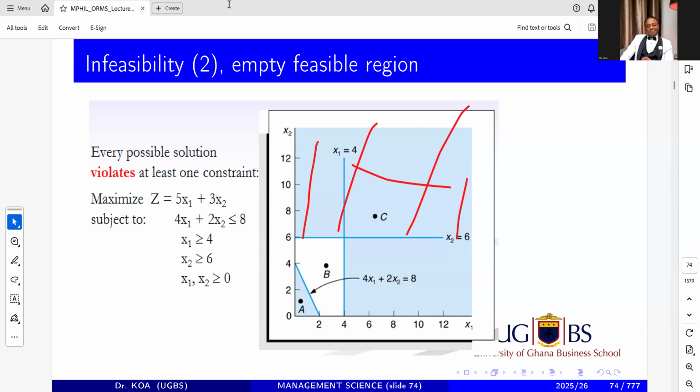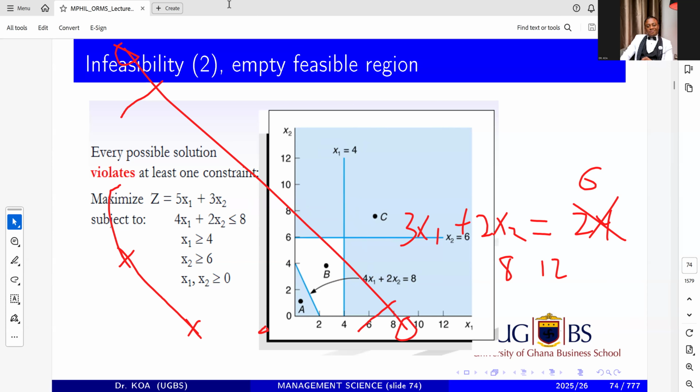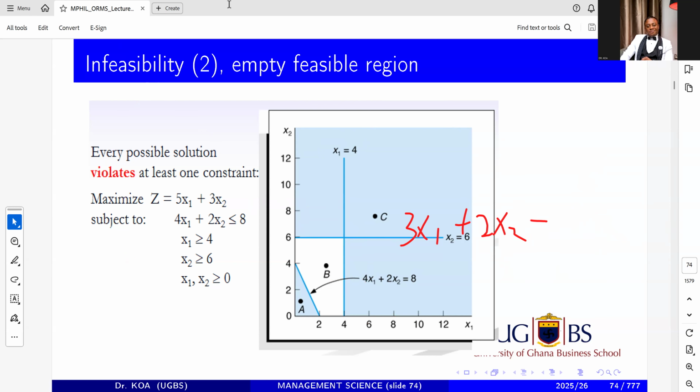So you can see that just between these two alone, here should have been our optimal solution area. But then you come to this constraint, the problem child.